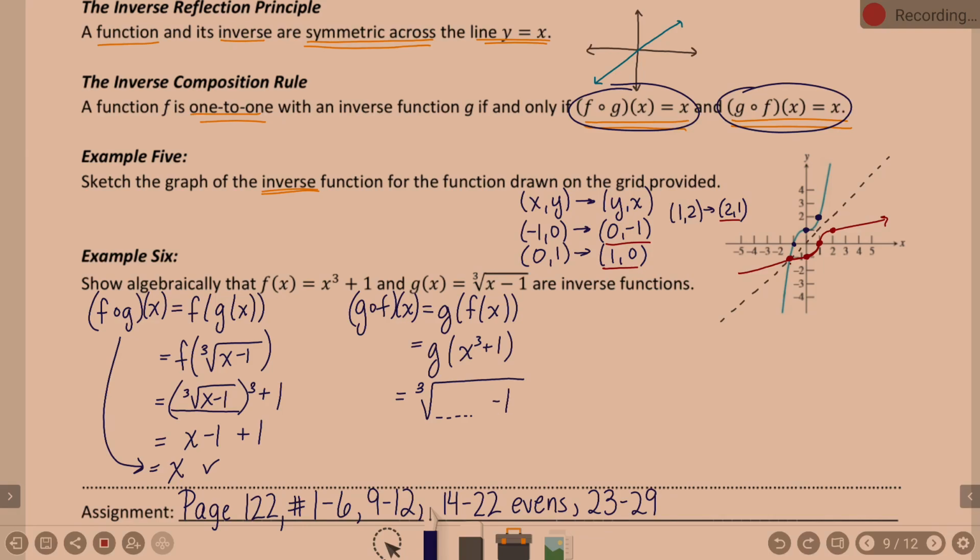Minus 1. What am I putting in place of x there? The x cubed plus 1. Okay, clean up. What is x cubed plus 1 minus 1? The ones cancel. So I have just x cubed. What's the cube root of x cubed? x. Hey, guess what? Is that what was supposed to happen? It is.